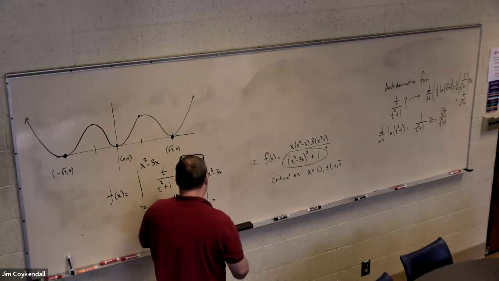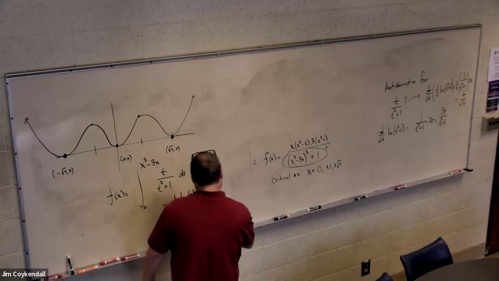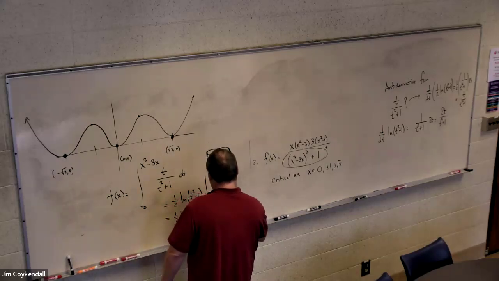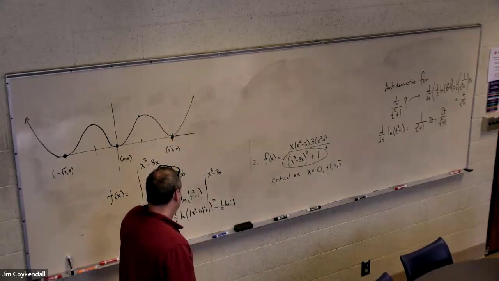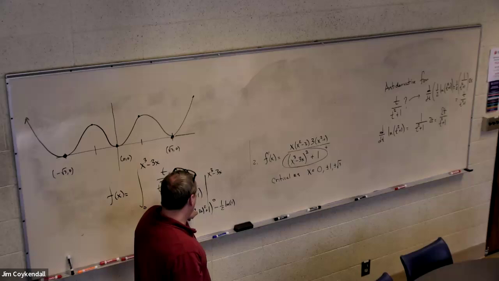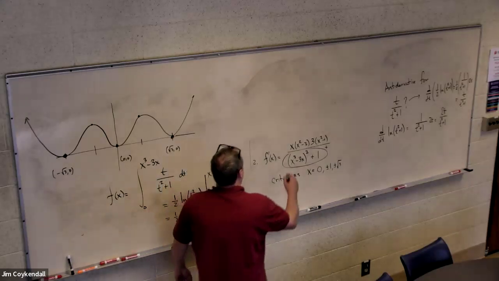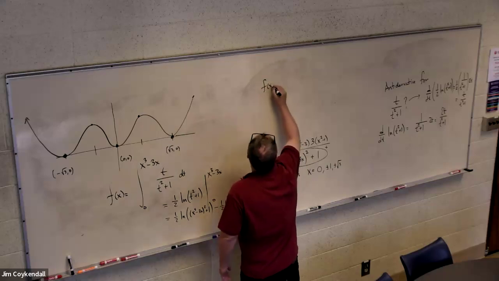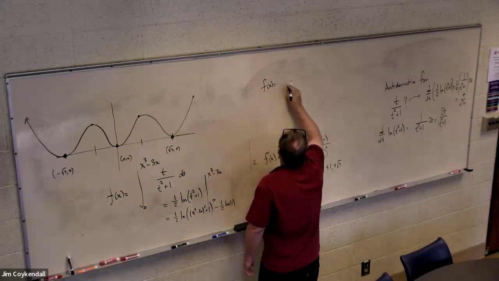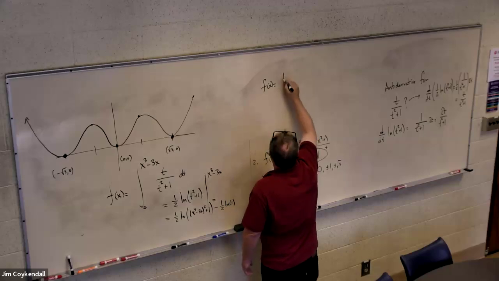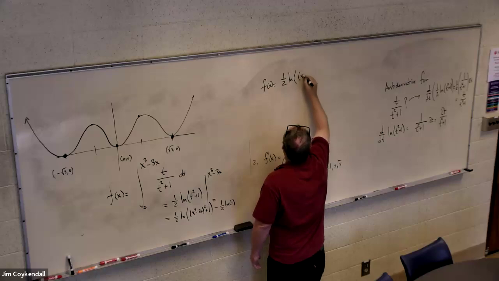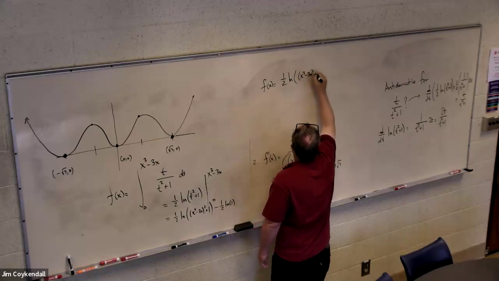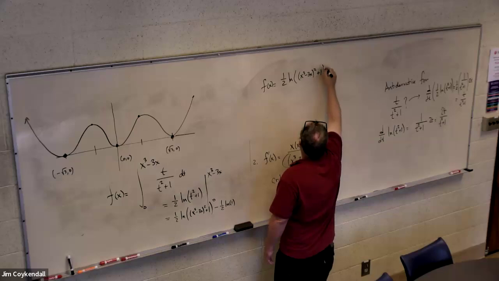Plug in the top, minus 1/2 natural log of 1, because when I plug in t equals 0 here, I get log 1, and log 1 is 0. So here's what I get. F of x is 1/2 natural log of x cubed minus 3x, squared, plus 1.